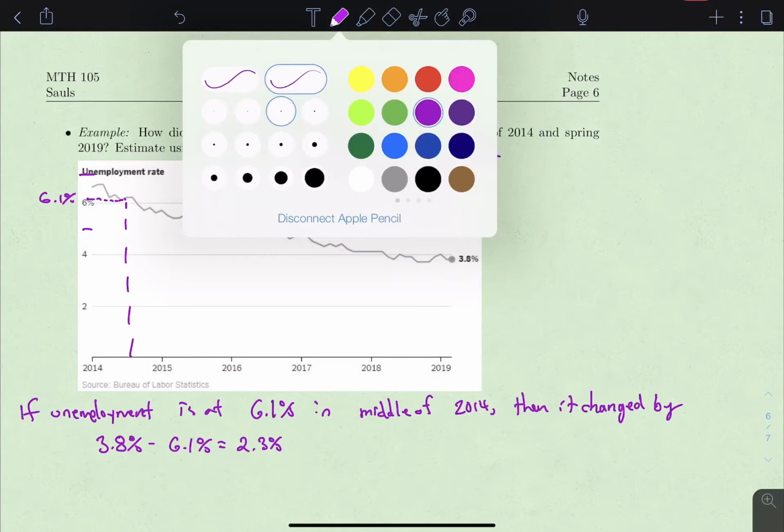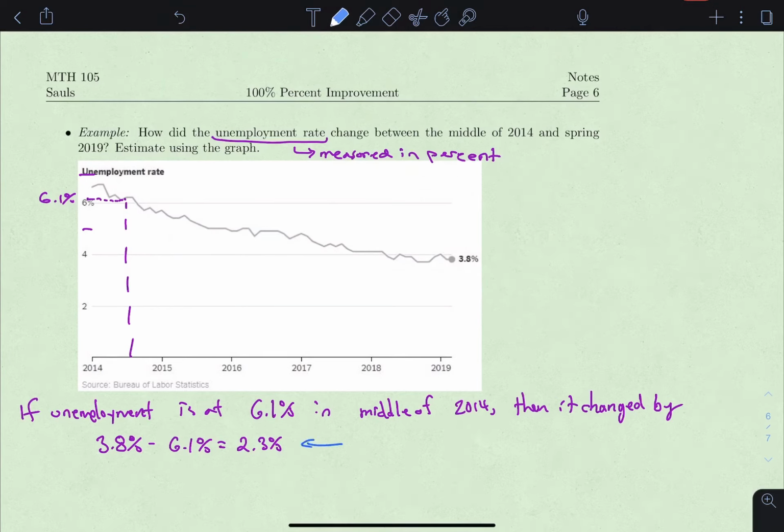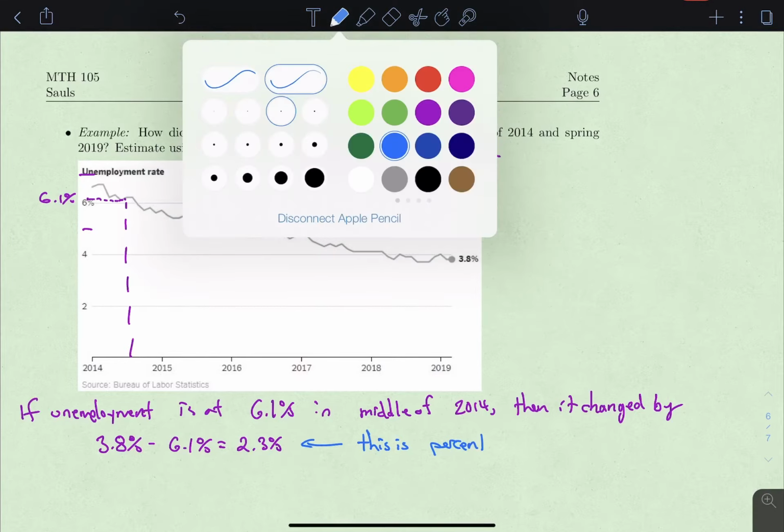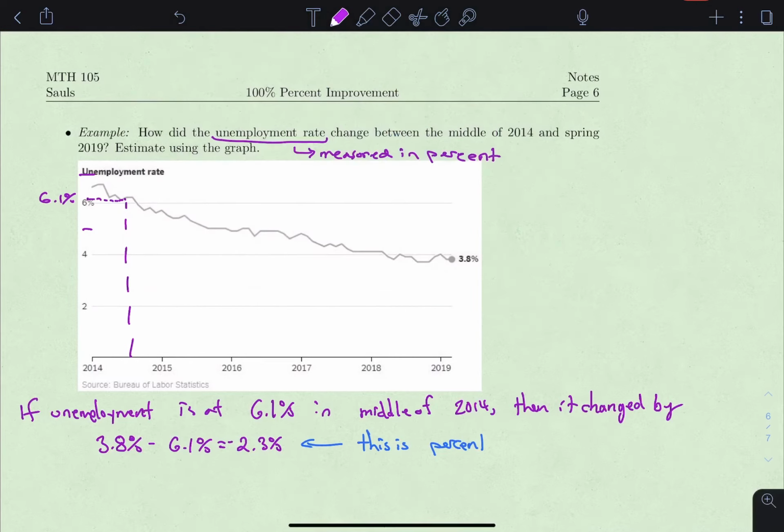But this is percentage points. Right. If you decrease by just 2.3% and your value is 6.1, you wouldn't get very far. You wouldn't get all the way to 3.8.